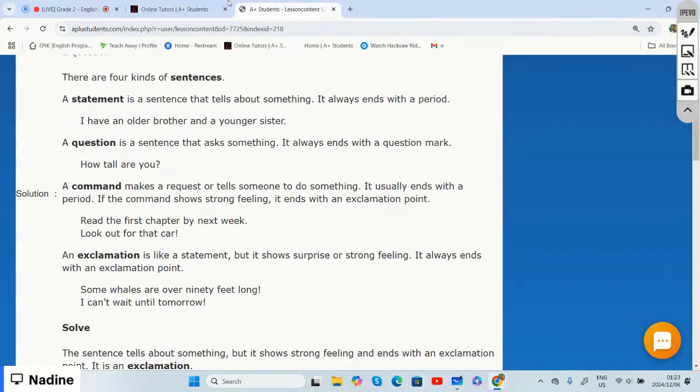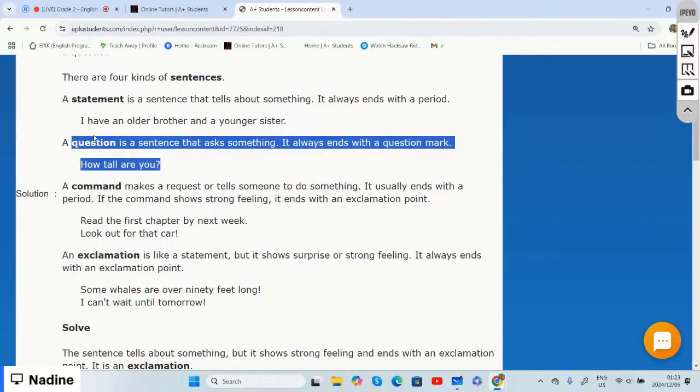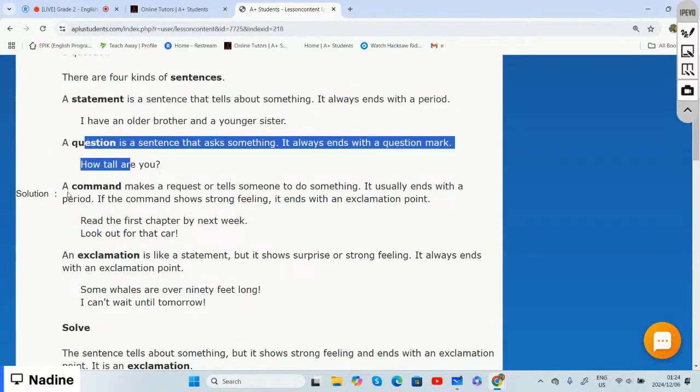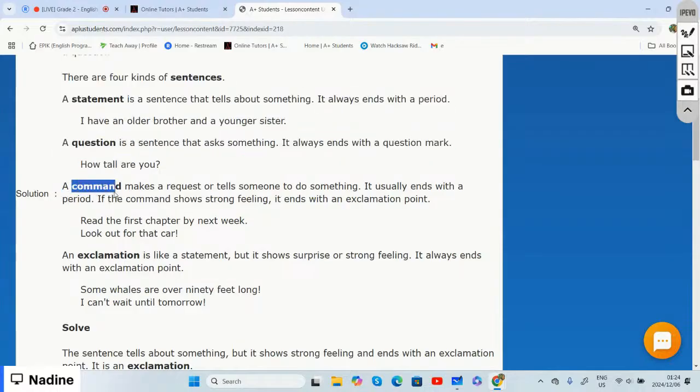All right. And we said we have a statement, we have a question which asks questions, we have a command, and an exclamation sentence.